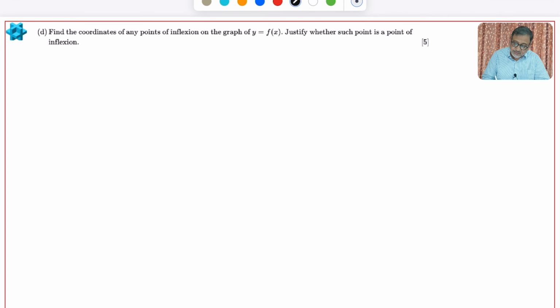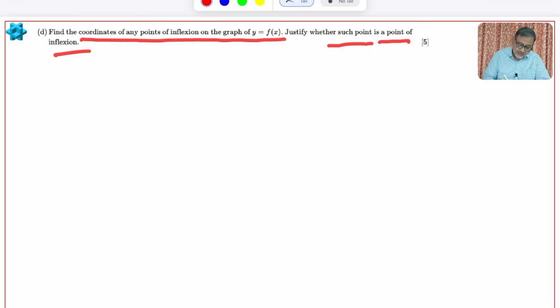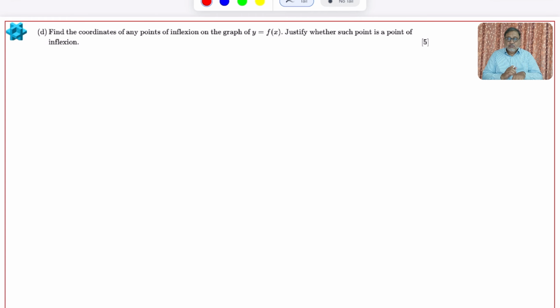No problem. Now part D says: find the coordinates of any point of inflection on the graph of y equals f of x. Justify whether such a point is a point of inflection. A point of inflection is where the concavity should change.